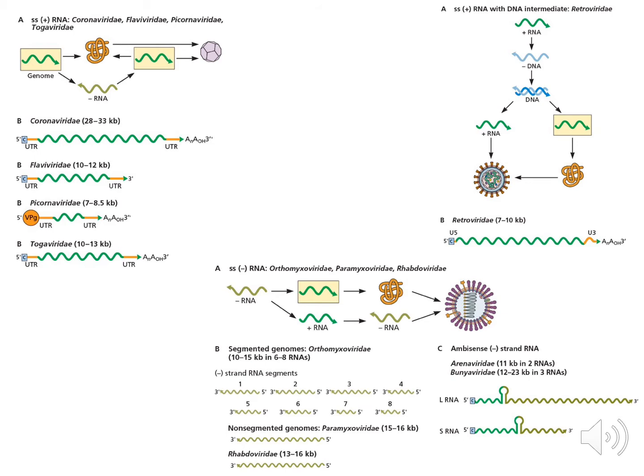And there are these for other viruses that we're going to use as our examples. So we're going to use picornaviruses, we're going to use retroviruses, and we're going to use influenza virus, an orthomyxovirus, and rhabdovirus, rabies or VSV, as our examples.